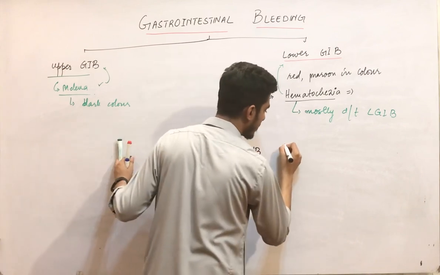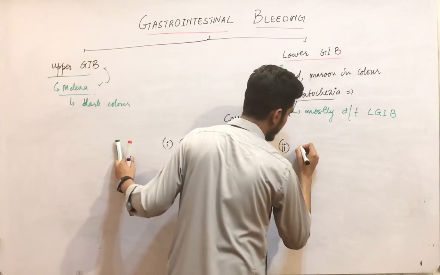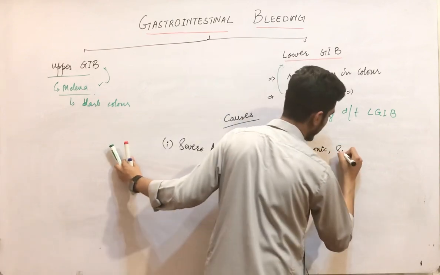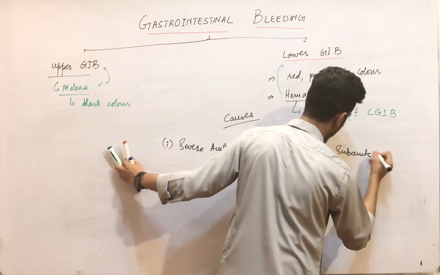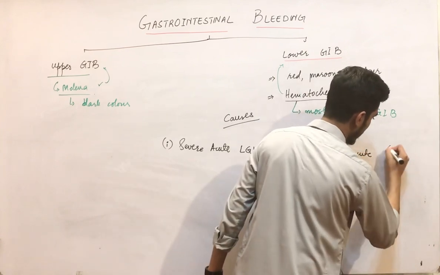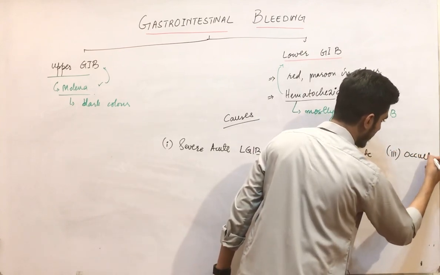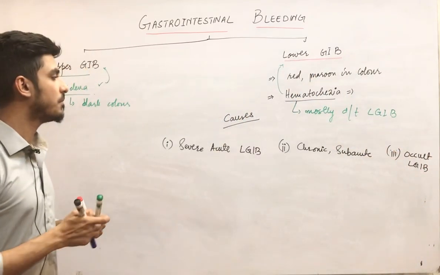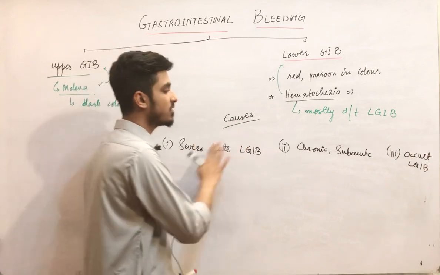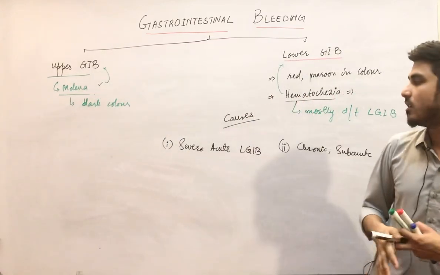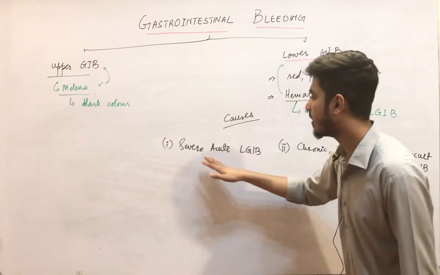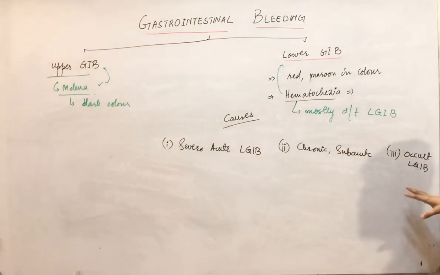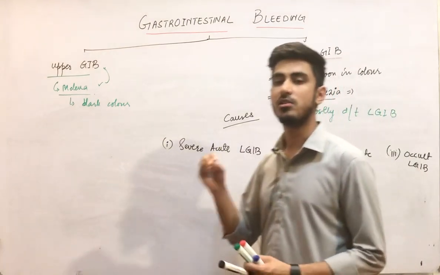The second is chronic subacute lower GI bleeding, and the third one is occult lower GI bleeding. Clear? So the causes are divided on the basis of the severity of the lower GI bleeding.